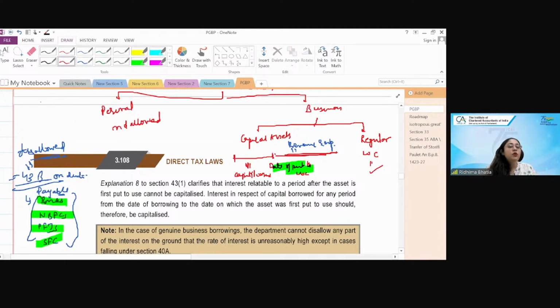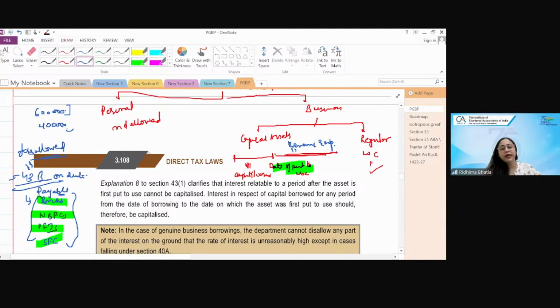So, for example, total interest on loan is 6 lakhs, but you have actually paid only 4 lakh. So now 6 lakhs would be given to you in PNL, that interest on loan, 6 lakh rupees. In adjustment, it would be written that till the return filing date, only 4 lakh was paid. So what you will do, you will disallow 6 lakhs and you will allow 4 lakh, or you will disallow 2 lakhs directly. Whatever approach you will take, it would be correct.